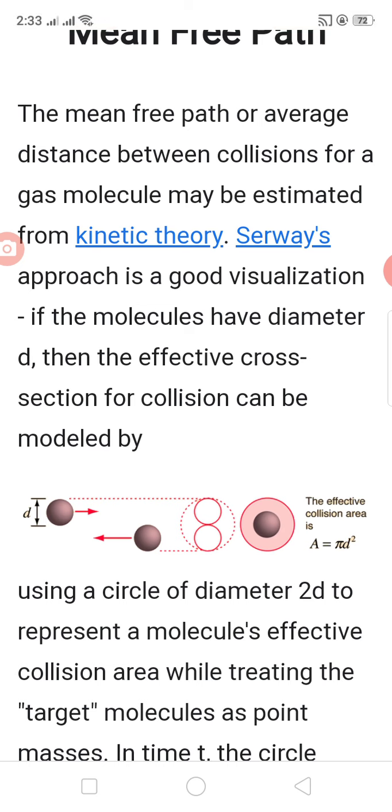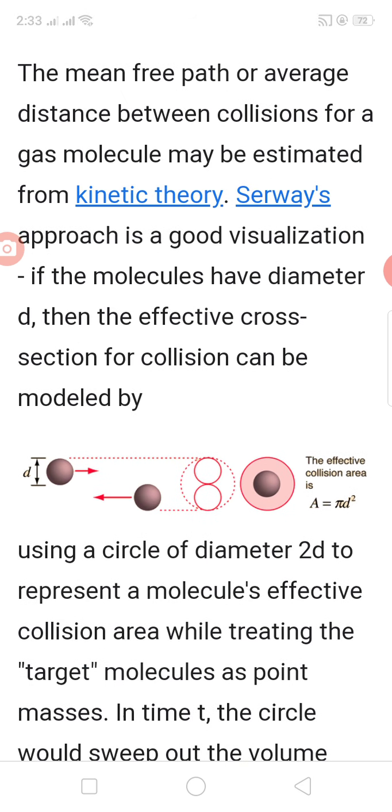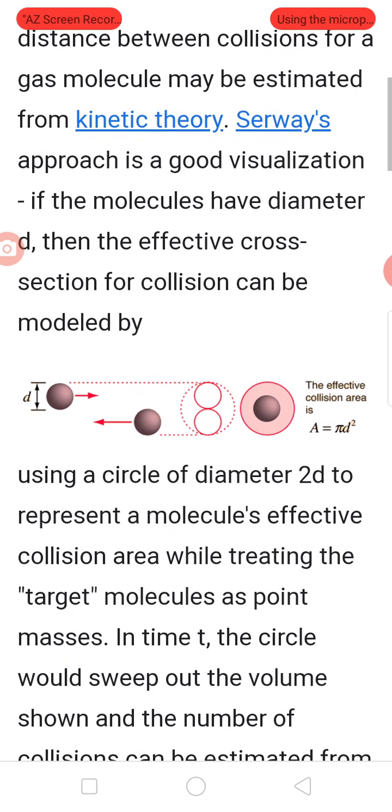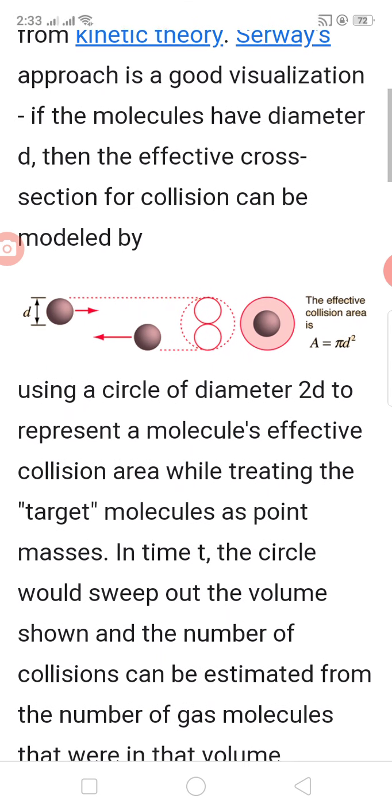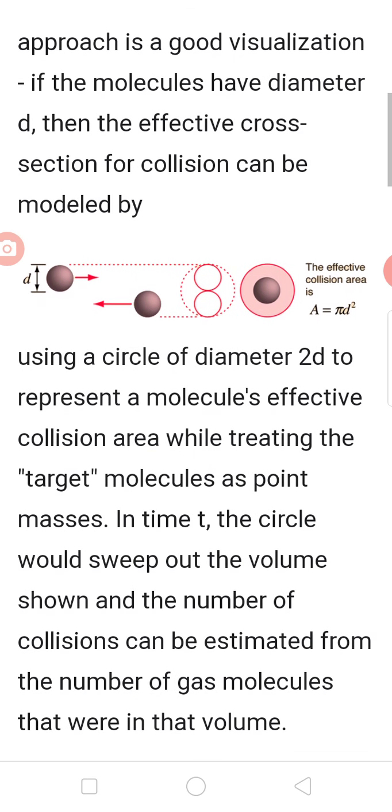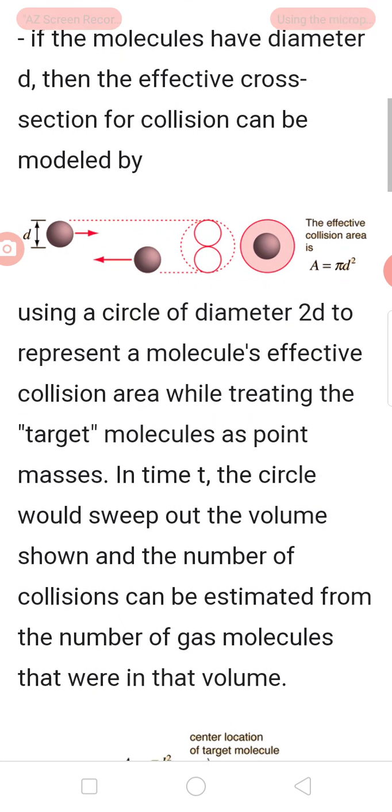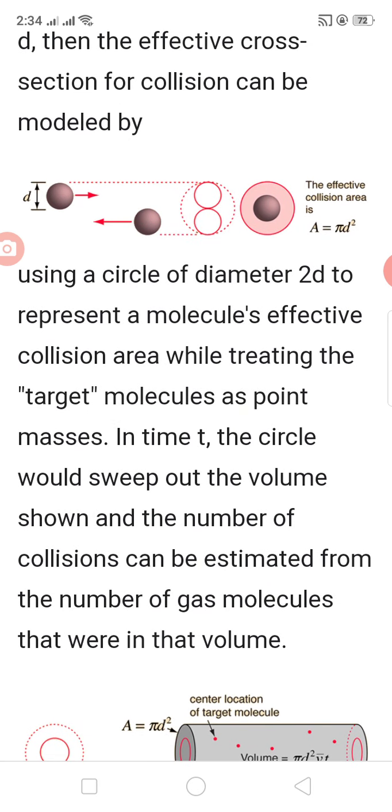Using the circle of the diameter 2d to represent the molecule's effective collision area, while treating the target molecules as point masses, in time t the circle would sweep out the volume shown, and the number of collisions can be estimated from the number of gas molecules that were in that volume.